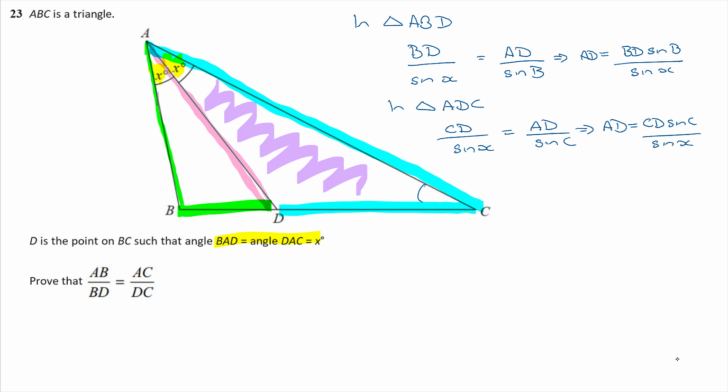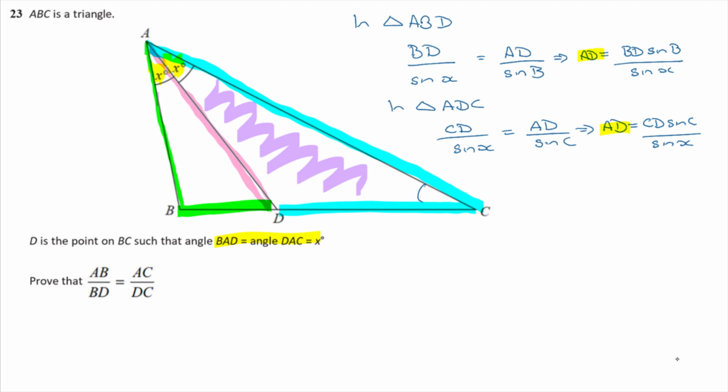Now, you might have noticed I've now found AD in two different ways from two different triangles, but it's the same AD because it's shared between those two triangles. So that means I can stick those together. If AD is equal to BD sine B over sine x and AD is equal to CD sine C over sine x, then those two things must be the same.